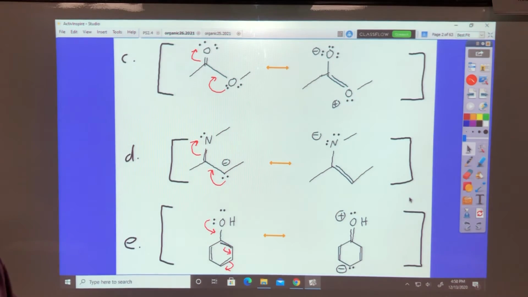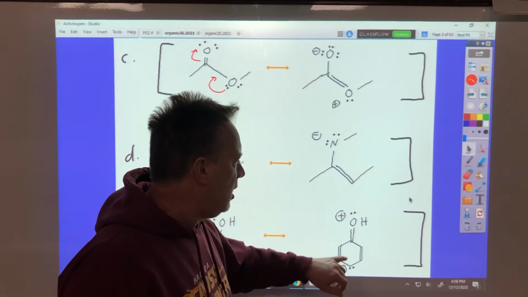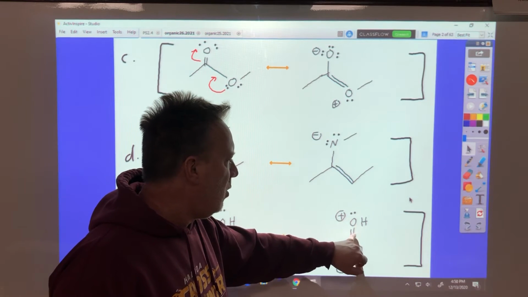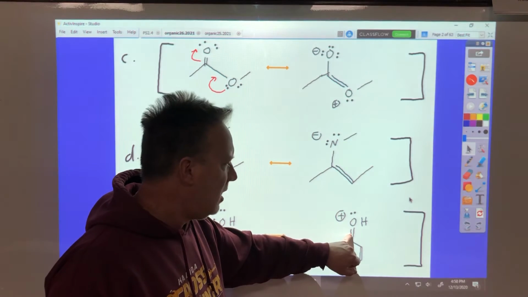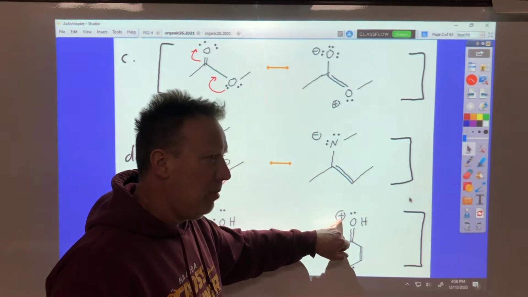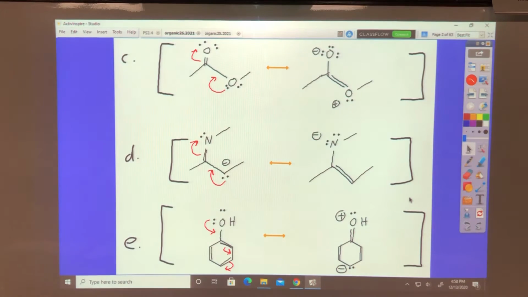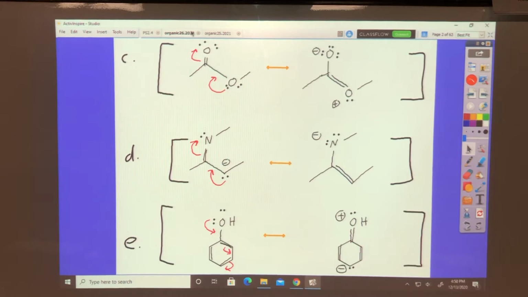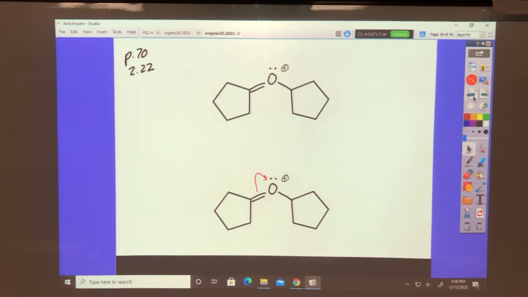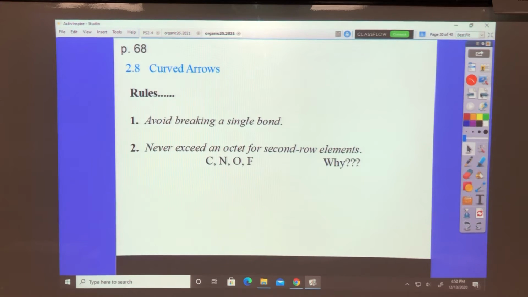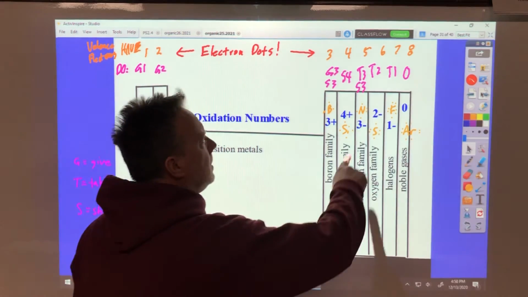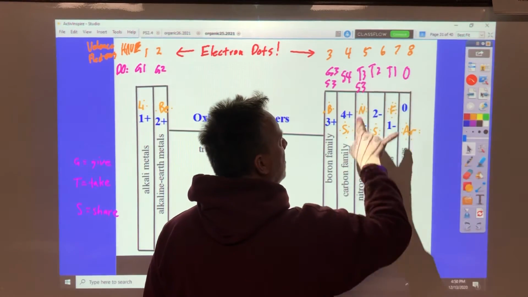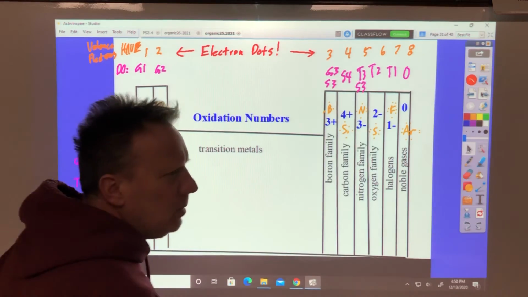Once that happened, my oxygen would have 2, 3, 4, 5 electrons that it owns. So it's going to end up being positive because remember, if you're losing track, oxygen's in the 6 column, nitrogen's in the 5, carbon's in the 4.